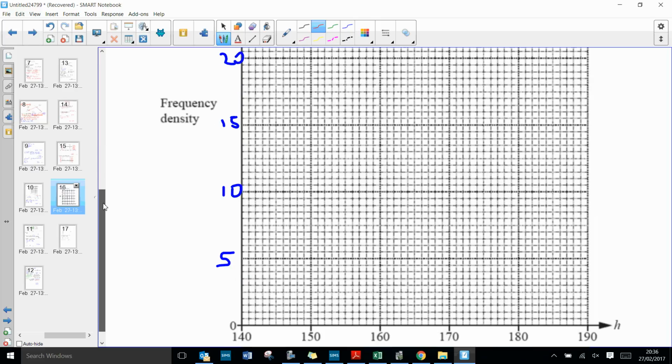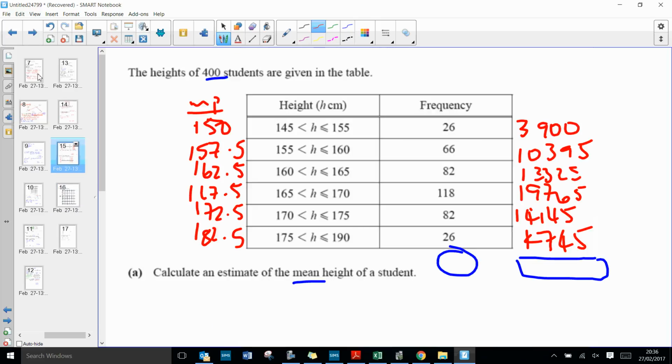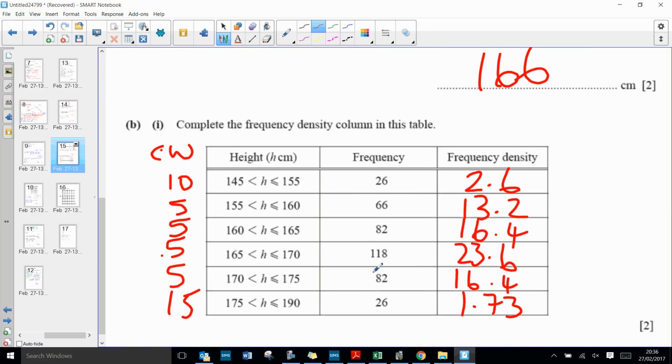And then we draw our, oh apologies, this pane has been on a different page. So 2.6 from 145 to 155.